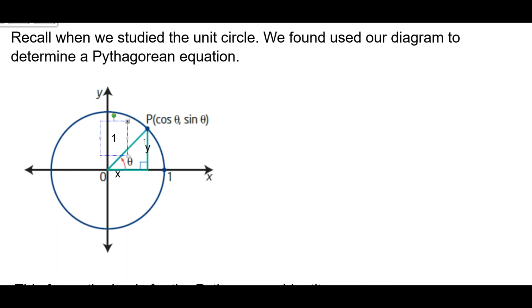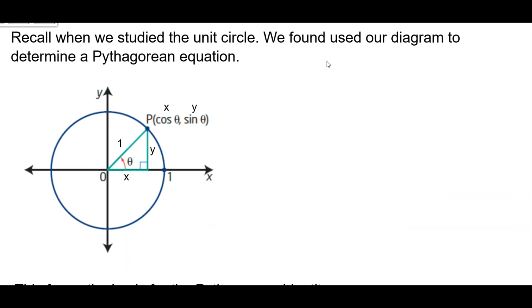Our hypotenuse is 1 because it's a unit circle, so we are going to have a hypotenuse, or radius, of 1 at all times. We also remembered that cosine is our x-coordinate and sine is our y-coordinate. These are things we've talked about. They're just being refreshed here because we are going to use them to develop the next idea.